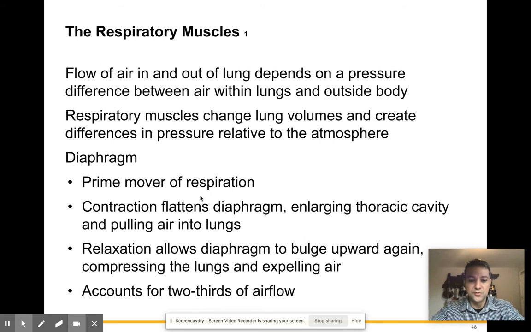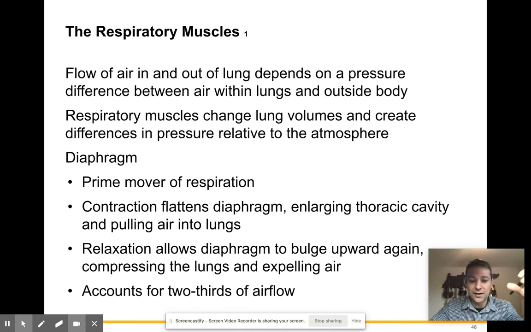When your diaphragm goes down and contracts, it causes the volume in your thoracic cavity to increase, thus air goes in. When you relax, your diaphragm goes up and compresses the lungs because the volume of the thoracic cavity shrinks. That squeezes the lungs and forces air out of your mouth, and you can expel that air.